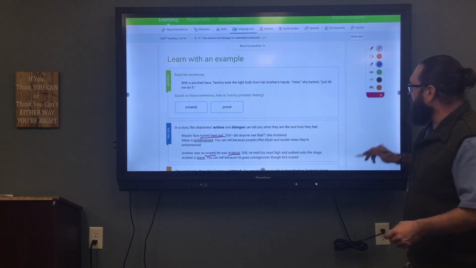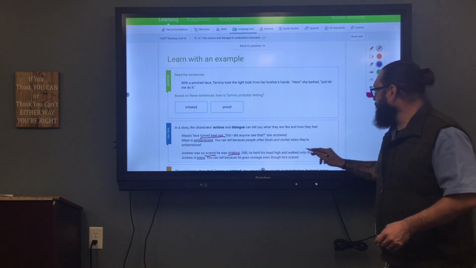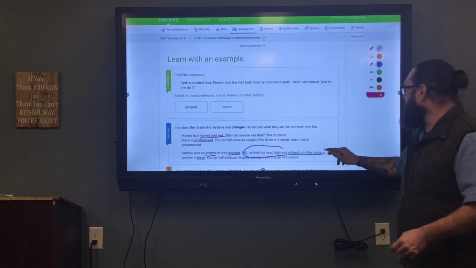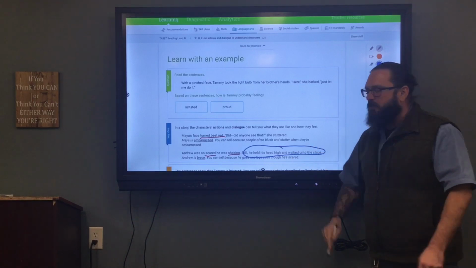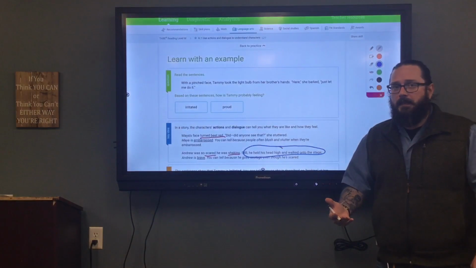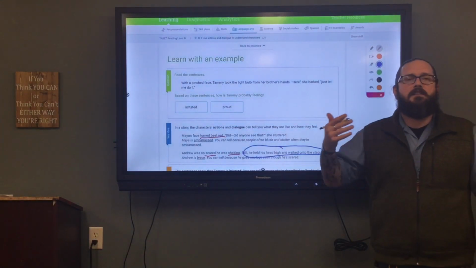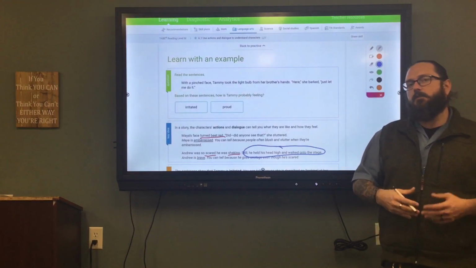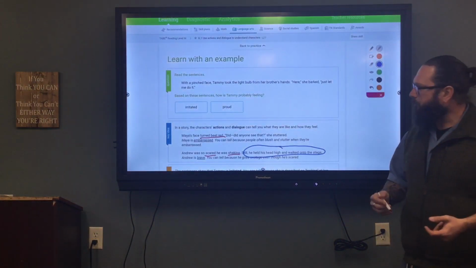But what does he do? He still held his head high and walked onto the stage. So despite the fact that Andrew was scared, he still went out on stage. Therefore, we can infer that Andrew was brave.